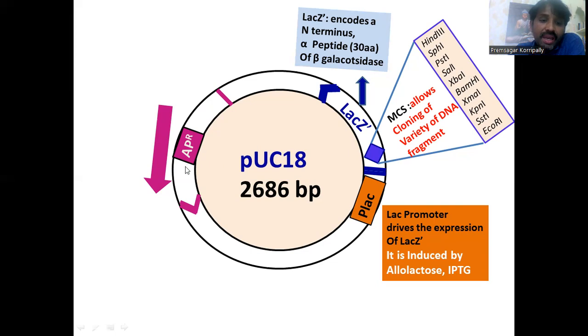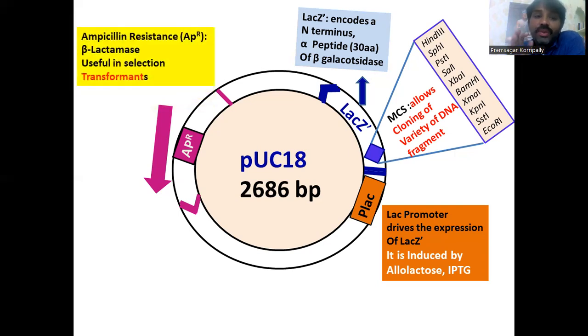Here, Ap stands for the ampicillin resistance gene. What is that ampicillin resistance gene? It's nothing but beta lactamase. Beta lactamase is useful in the selection of transformants. So whenever a vector or plasmid enters the E. coli, that E. coli becomes resistant to ampicillin, and then it can grow in the presence of ampicillin.